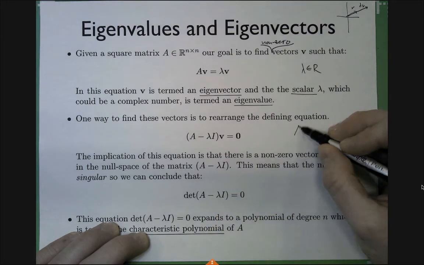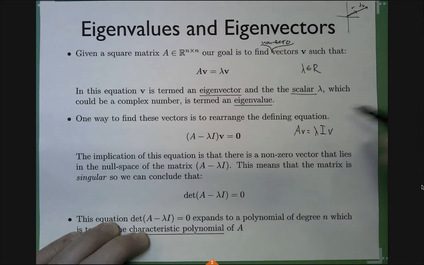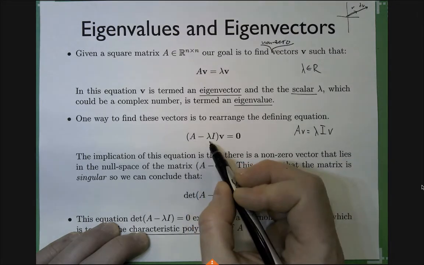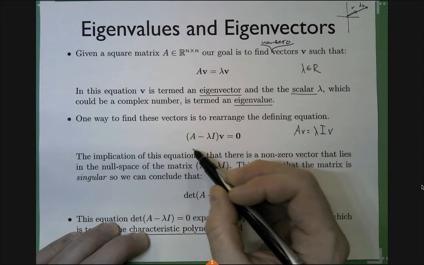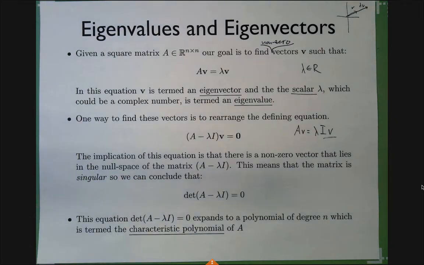This is just to make the types agree, right? Because I couldn't write there just lambda, because then I would get like a syntax error, because A is the matrix and lambda is a scalar. So I cannot just subtract a scalar from a matrix. I need to multiply by identity, but that's okay because identity times v just gives me v back, right? So it's just like a type sort of thing.